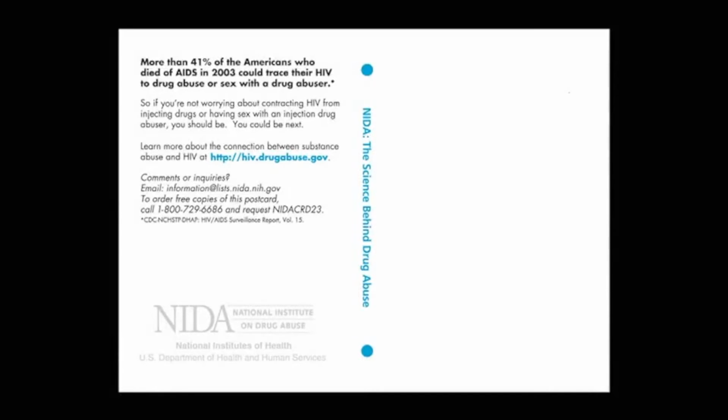And we get clues, or not really clues, we get actual indications of that on the back. The logo of the National Institute on Drug Abuse, which is part of the National Institutes of Health, a government organized health entity, is giving us these statistics, is giving us URLs for more information about it. So to some extent that kind of addresses the authority or the character of the speaker behind this designed piece.